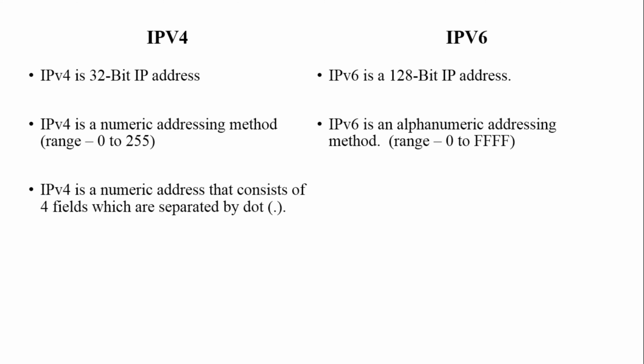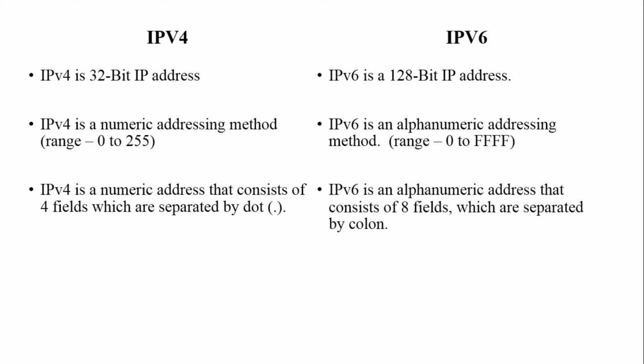The third difference is that IPv4 is a numeric address that consists of 4 fields which are separated by dots. This is very important. If we talk about IPv6, then IPv6 is an alphanumeric address, and it consists of 8 fields, separated by colons.